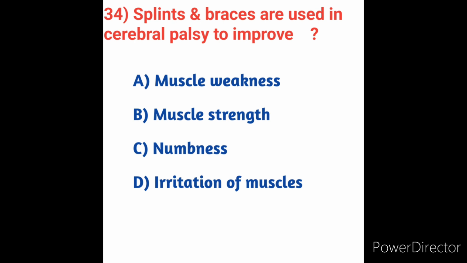Splints and braces are used to immobilize musculoskeletal injuries, support healing and prevent further damage. Also the child will have a stable basis for movement where they would develop a higher level of functioning, including joint range of motion, muscle strength, fitness and endurance, balance and control over spastic movements.